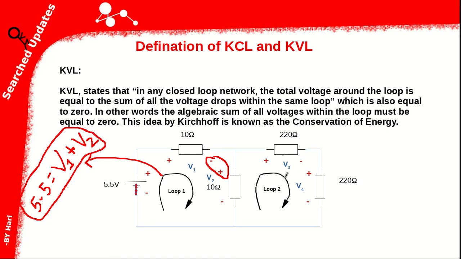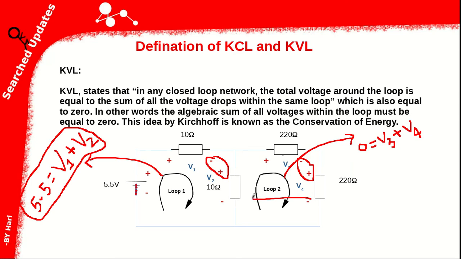Now we need to find the second KVL equation. Here there is no voltage source around this loop, so put 0 is equal to, first we consider the voltage drop V3. Here the signs are opposite, so put plus, plus V4.